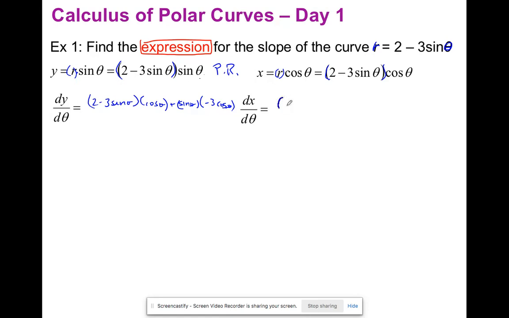Product rule never changes. First function times the derivative of the second, plus the second function times the derivative of the first. So dy dx is a ratio of those two things.